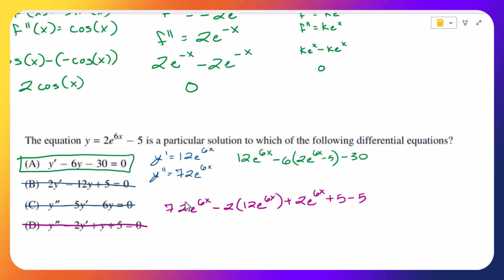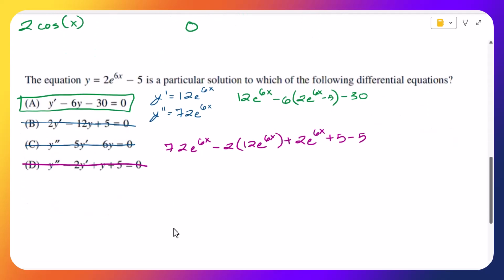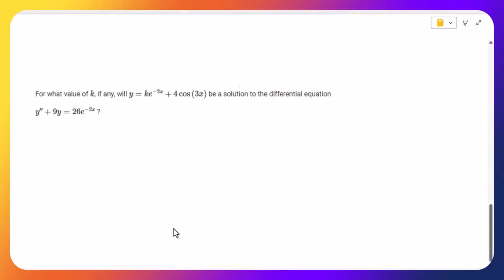Like, you don't need to get an actual number here. If it gives value in some way to find this actual number, go for it. But if it doesn't give value, like, I know 72 is bigger than negative 24, and if I'm adding 2, that's not going to change anything. So this is not going to be 0. Okay, so A is our only solution there.